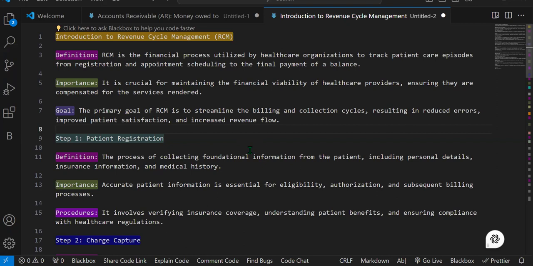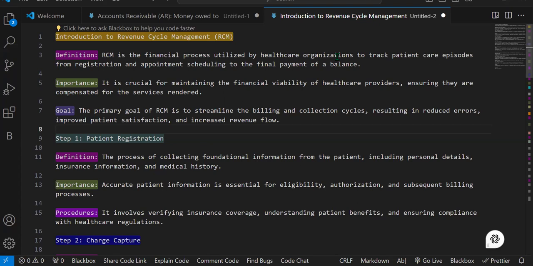The patient will not pay here. The insurance will pay.